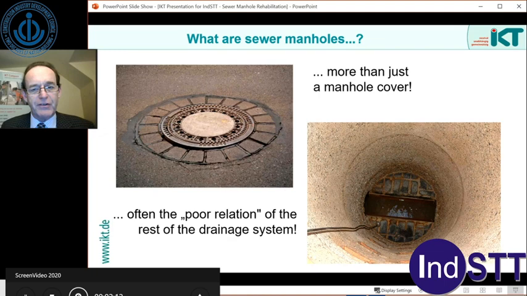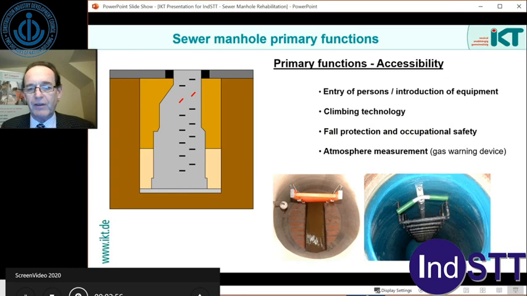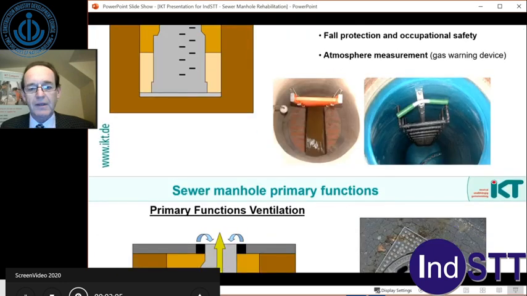Another primary function is accessibility, obviously for people and equipment to get in, so climbing technologies and equipment to stop falls and encourage occupational safety are important, as is concern for atmospheric measures relating to dangerous gases. And the third of the primary functions is ventilation, so allowing oxygen to get in, and unfortunately that does result in odour nuisance.